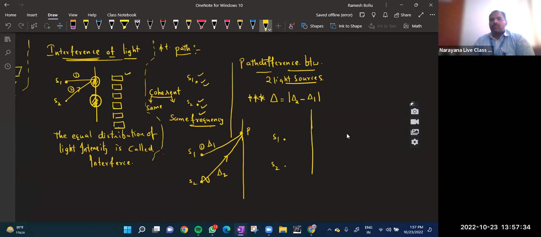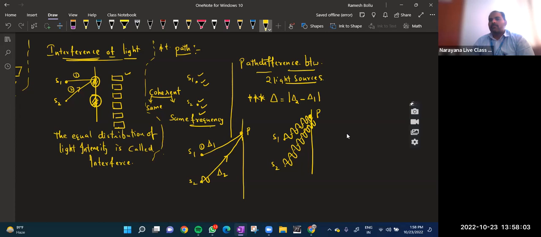Here one point P is there. Between S1 and P, I can accommodate one light wave, two light waves, 3 and 4 and 5. And between S2 and P, I can accommodate 1, 2, 3, 4, 5, 6, 7, 8. Now tell me what is the path difference between the two light waves? 3.